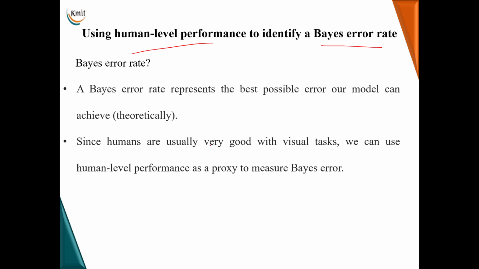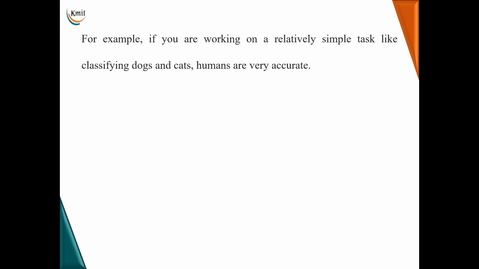Since humans are usually very good at visual tasks, we can use human level performance as a proxy to measure this base error. Now to understand this statement, let us consider a simple task like classifying the image of a dog and cat, and humans are very accurate in doing the classification. If an image of a dog or cat is provided to a human, he will easily classify that given image as either dog or cat.